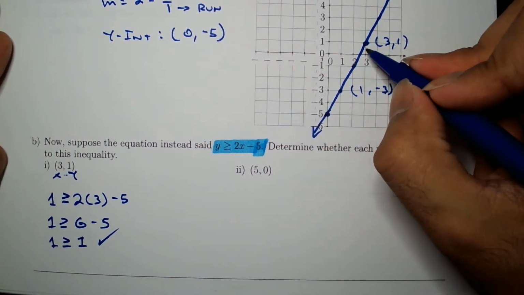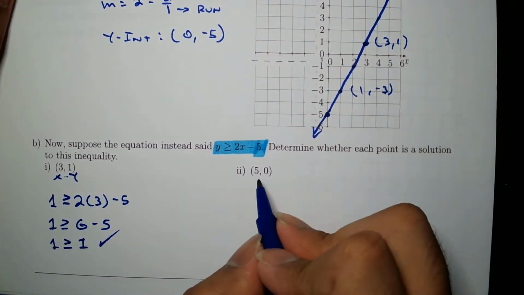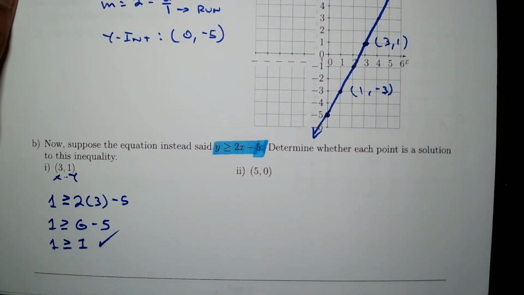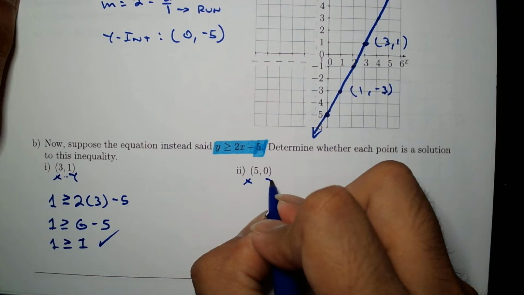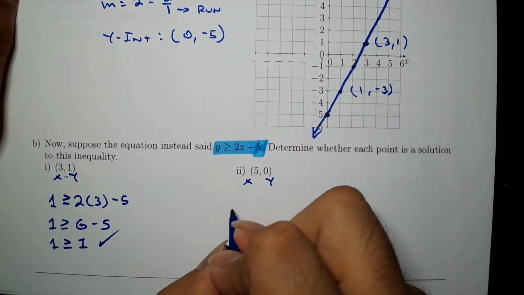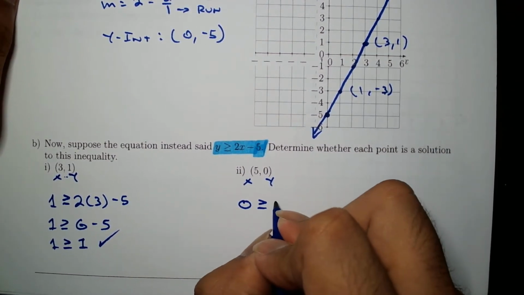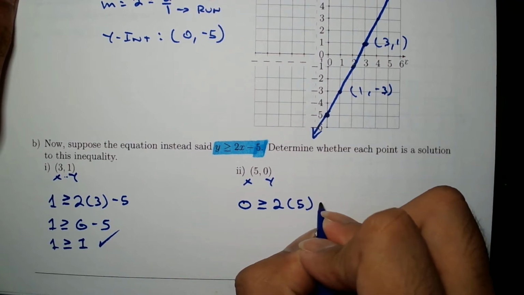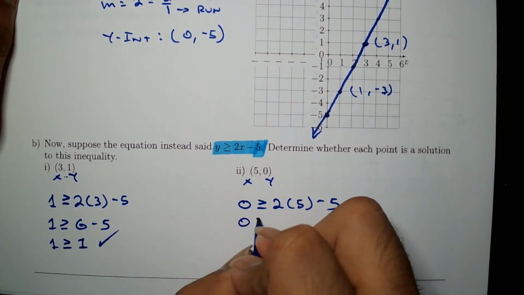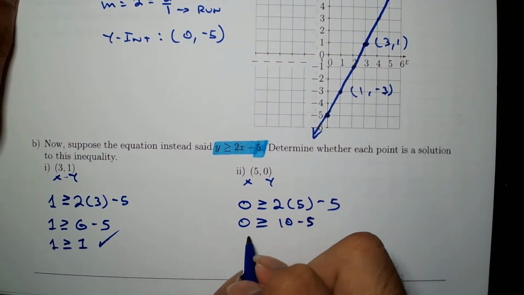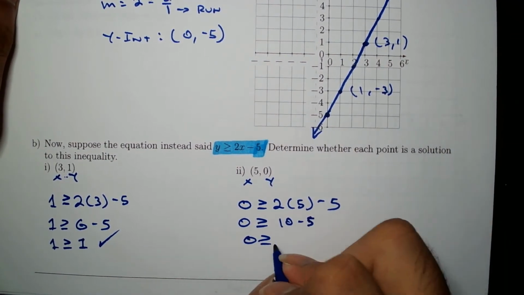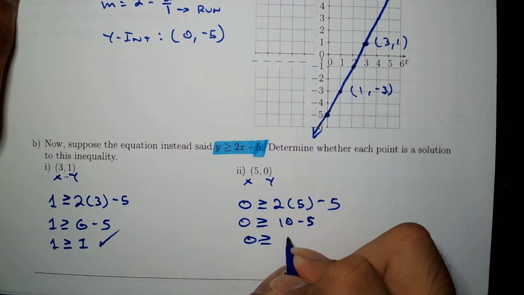Alright, so it's the point right here. Now what about the point 5 comma 0? Is it a solution? Well, x equals 5, y equals 0. So is 0 greater than or equal to 2 times 5 minus 5? Is 0 greater than or equal to 10 minus 5? That's a 5.